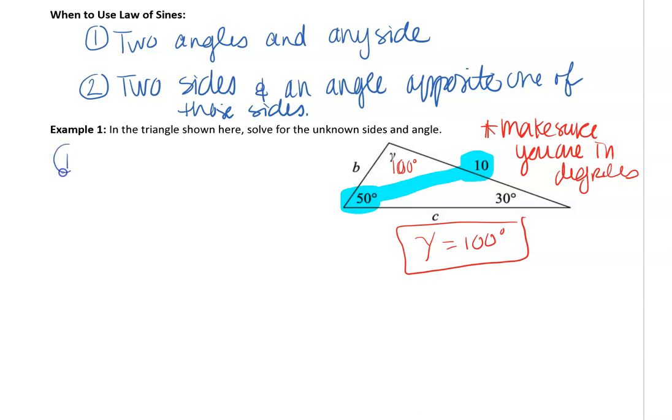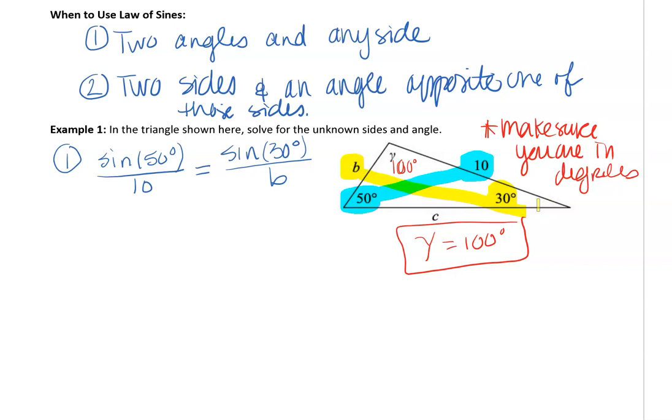So step 1, I am going to do sine of 50 degrees over 10 equal to, and so let's go ahead and find side B first. And so I'm going to say sine of 30 degrees over B, because you can see that is that relationship of the angle and side that is opposite of it.